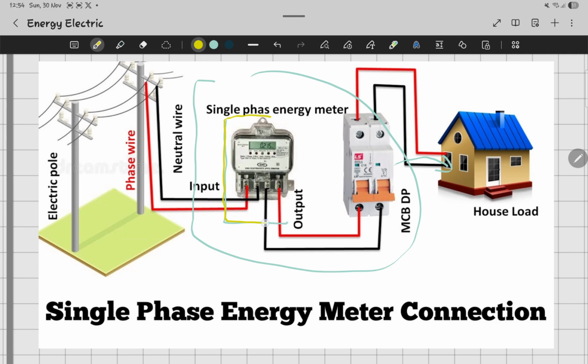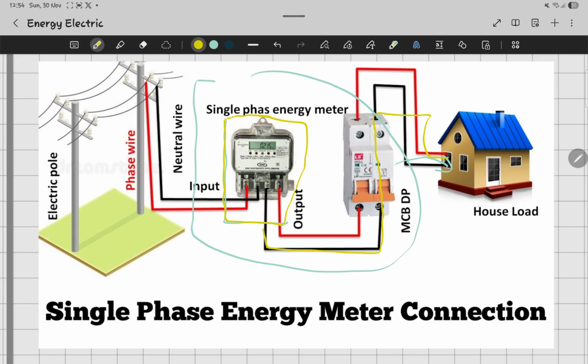From here we'll be able to measure the energy consumption, and move and use the electricity in our house.